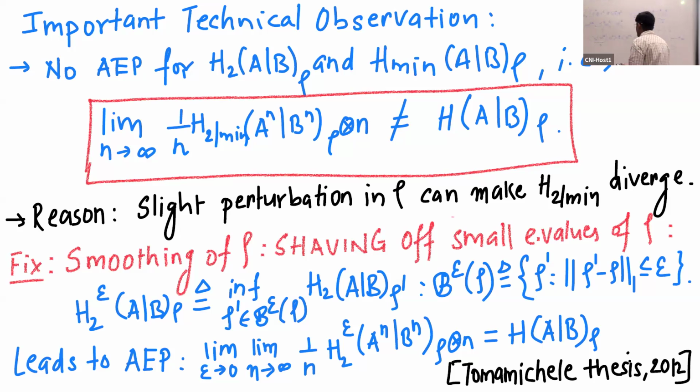So when I write H of A given B, or any entropic quantity, all I mean is H of the joint state rho AB, which is minus trace of rho AB log of rho AB, minus H of B. That's all this means.